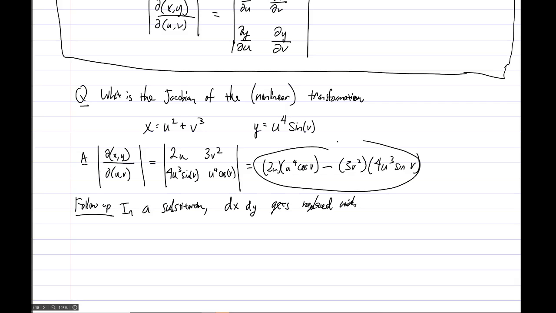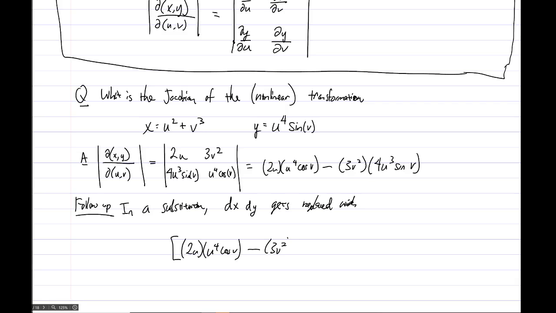Let's stick it in parentheses, just because there's two terms there. So in a set of square brackets, it gets replaced with 2u times u to the 4th cosine of v minus 3v squared times 4u to the 3rd sine of v, close the parentheses, du dv.